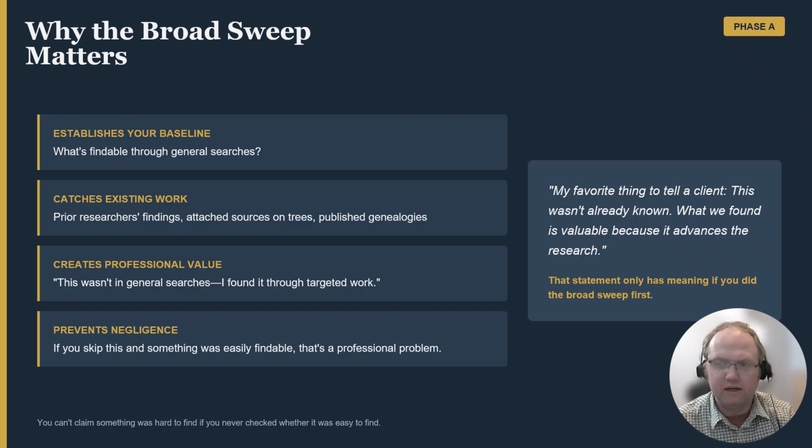So why does the broad sweep matter? I may have just mentioned this in the prior slide, but if you skip the broad sweep and there was something that was readily listed, discoverable, you've been negligent.